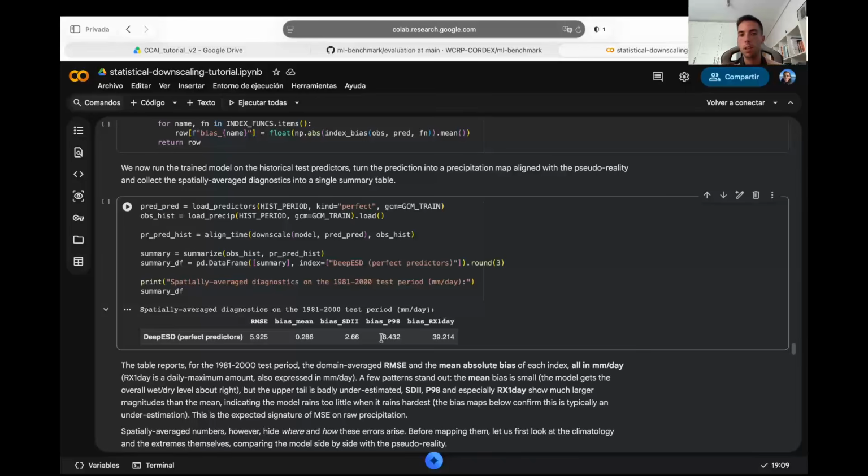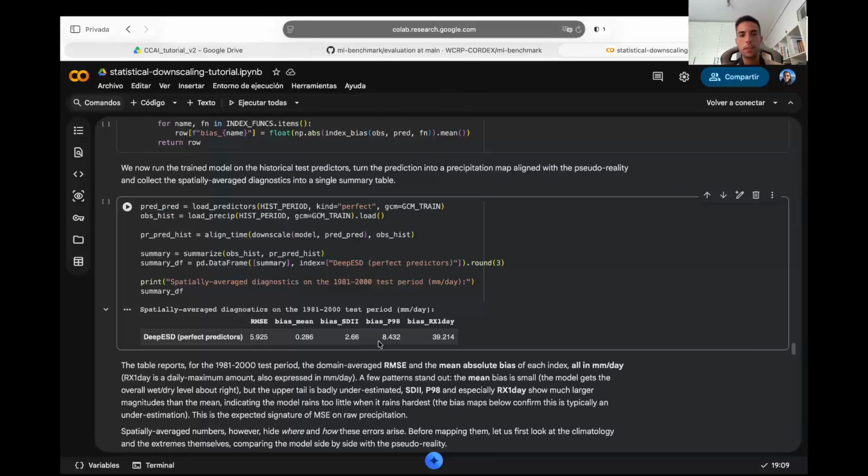So this is something that we will need to look into in more detail. In this case, probably the cause is the loss function. The mean square error is not a good loss function if you want to train a deep learning model that does well regarding extremes. But I will not go into the details of that. Actually, I think that is mentioned in the notebook.